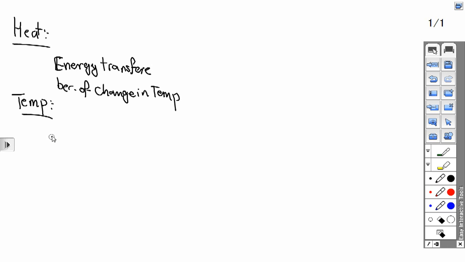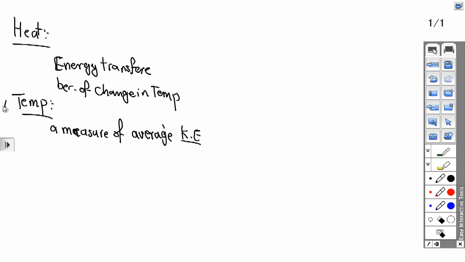But temperature is a measure of average kinetic energy. So if the kinetic energy increases, the temperature increases, or if the kinetic energy decreases, the temperature decreases. This is the first point.